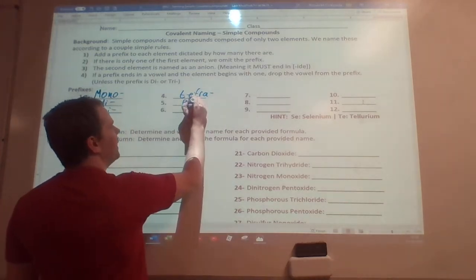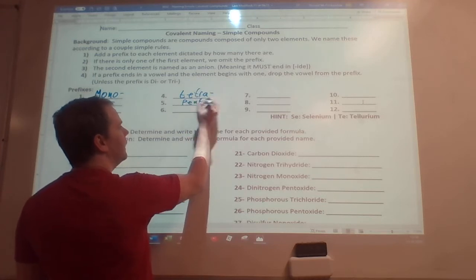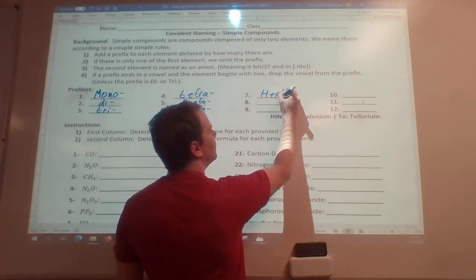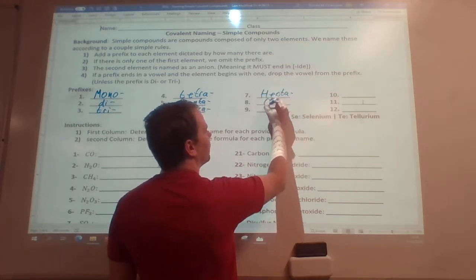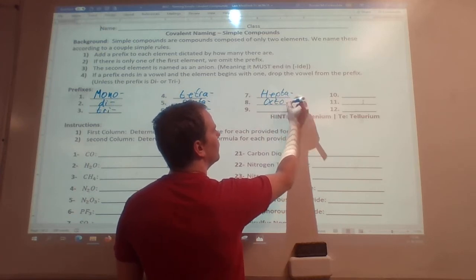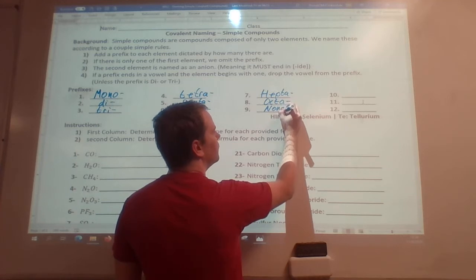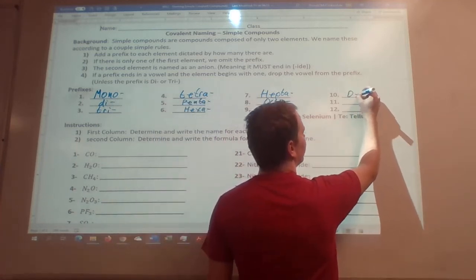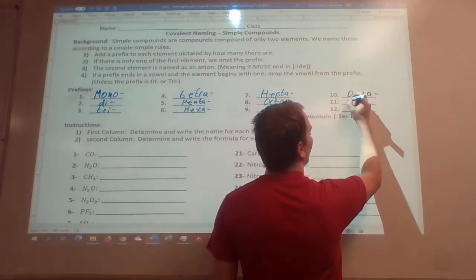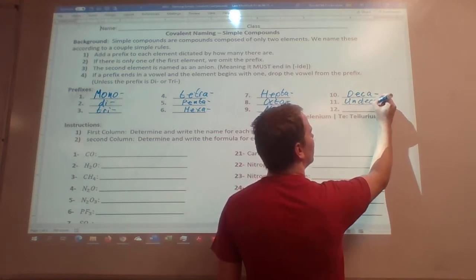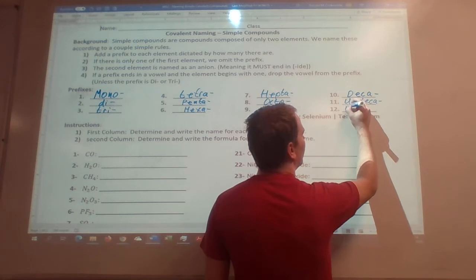So penta, hexa, hepta, octa, nona, deca, undeca, and dodeca.